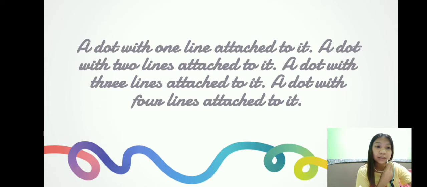If the dot, which is the vertex, has two lines attached to it, the degree of the vertex is 2. If a dot, which is the vertex, has 3 lines attached to it, the degree of the vertex is 3.